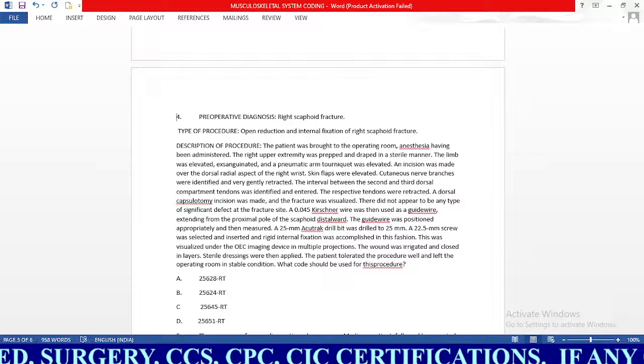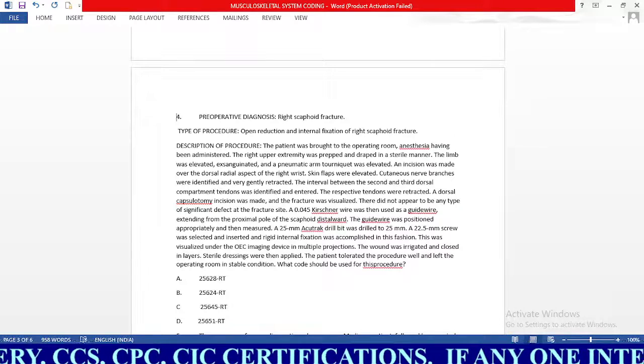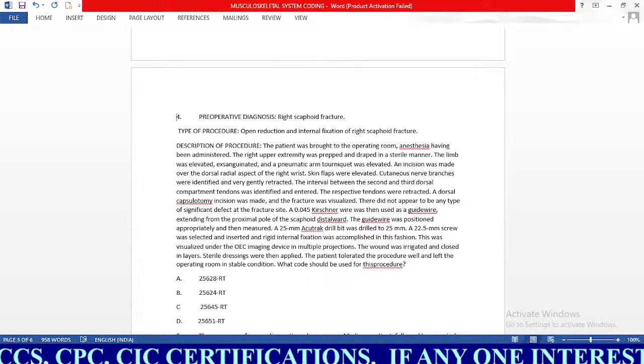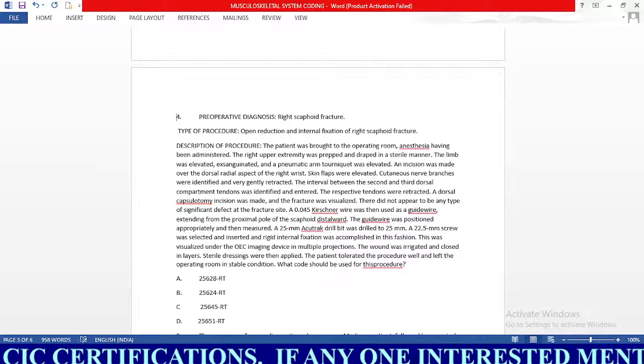Whenever you are coding CPT procedures, you need to know the anatomy. Try to use your anatomy book to identify the exact location of the fracture so that it will be very easy for you.